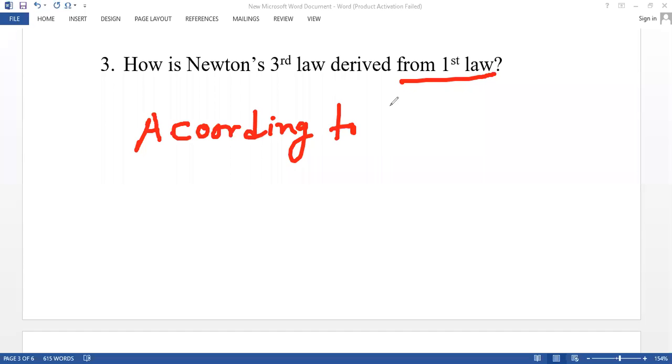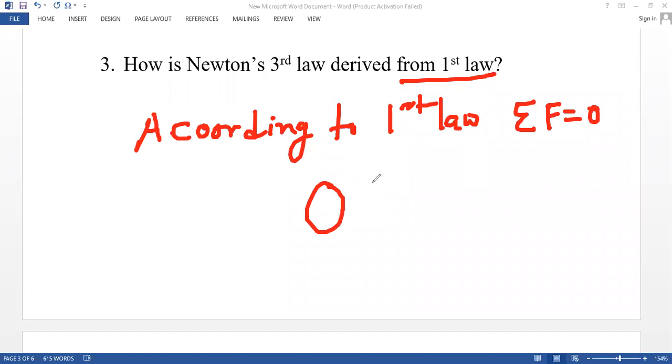according to first law, the summation of force, that means net force, is equal to zero. That means if any body, think of it as a system, this body applies force on this, and this body applies force on this. So this is the F1 force, and this is the F2 force.